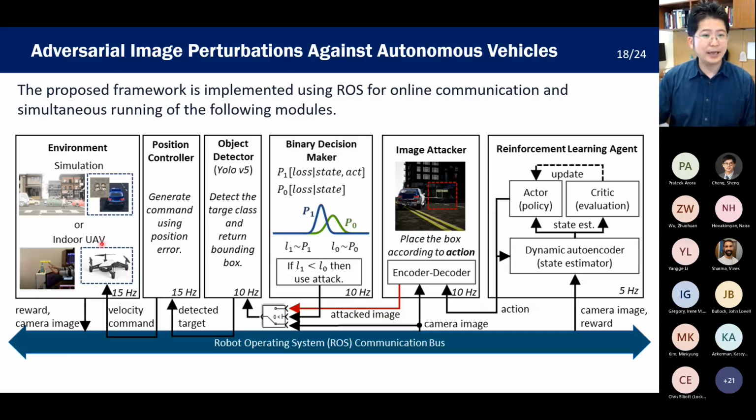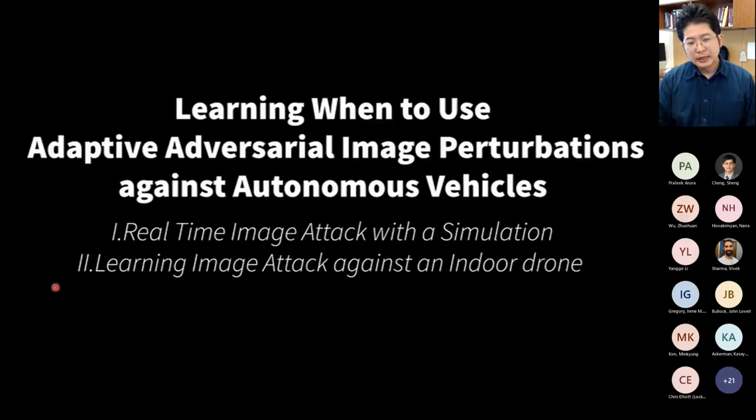And in this example, I had probably 7 different nodes running in real time, and we were able to make it run. Furthermore, we first tested with the simulation, and then we actually tested with the real robot too. But this transition from the simulation to the real indoor UAV didn't take much time because we had already developed everything, and we are using the same middleware in this real robot implementation.